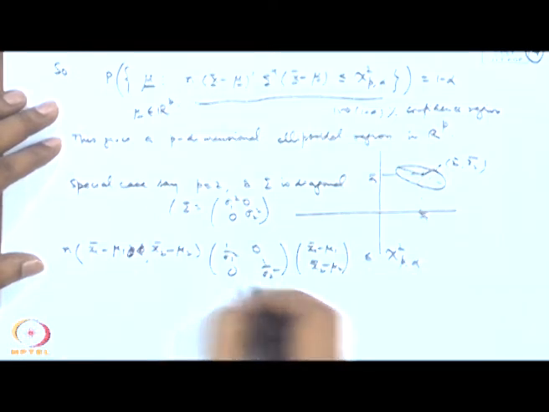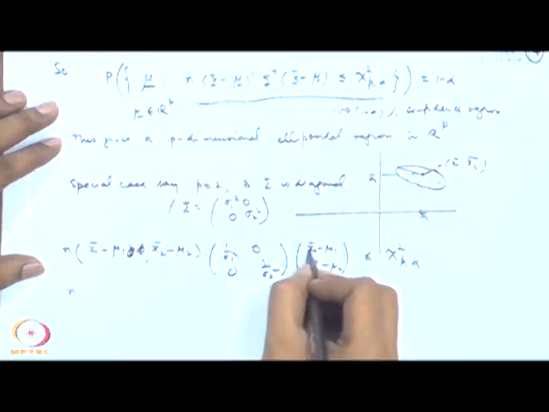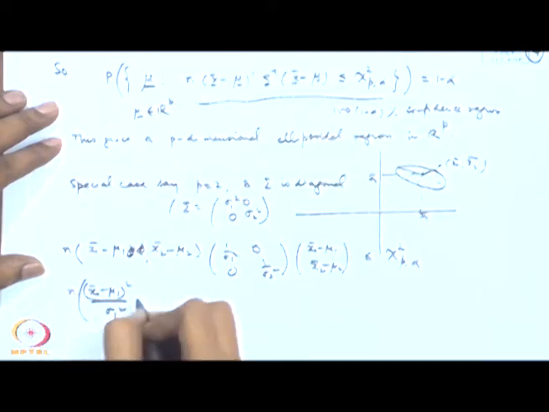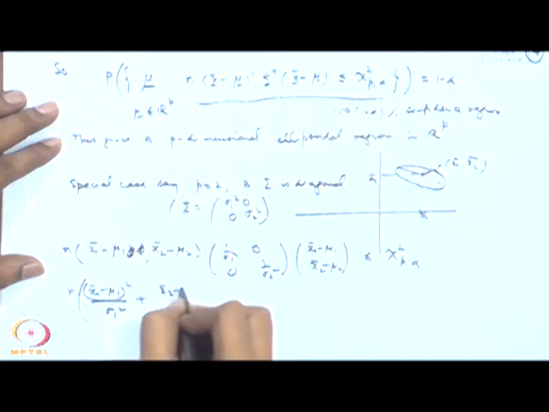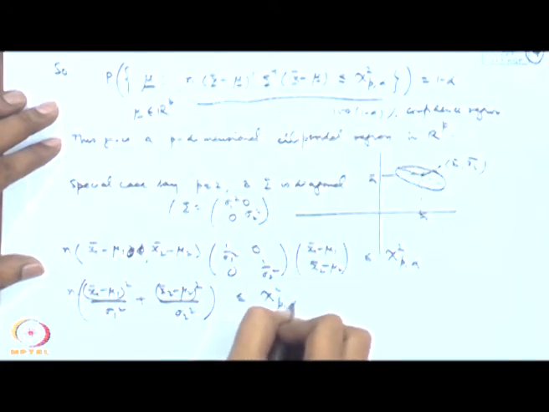So, this quantity can be easily calculated. It is equal to n times, now if I multiply, I will get (x 1 bar minus mu 1) square by sigma 1 square plus (x 2 bar minus mu 2) square by sigma 2 square less than or equal to chi square p alpha.